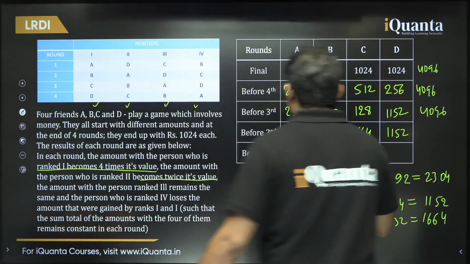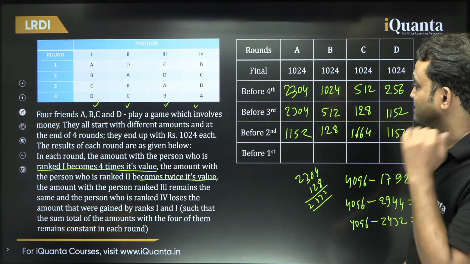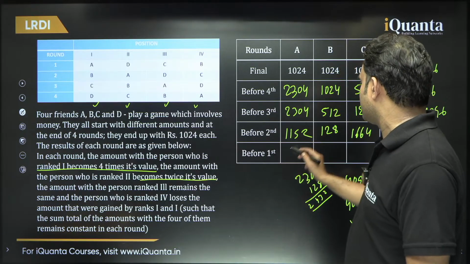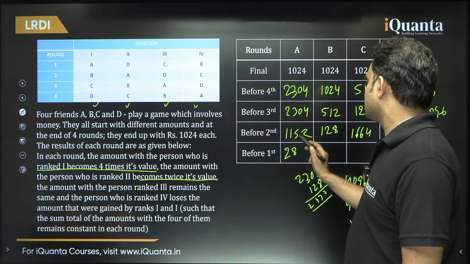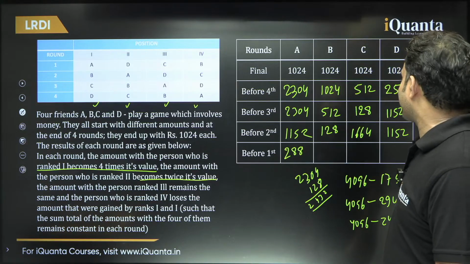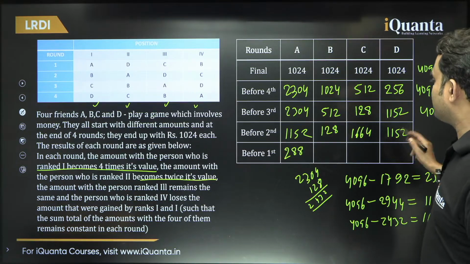Then comes the first round. So before the first round, who was on first rank? A was on the first rank, so the amount with A must have been 4 times. So dividing this by 4, it will be 576. D was on rank 2, so the amount with D must have been doubled.